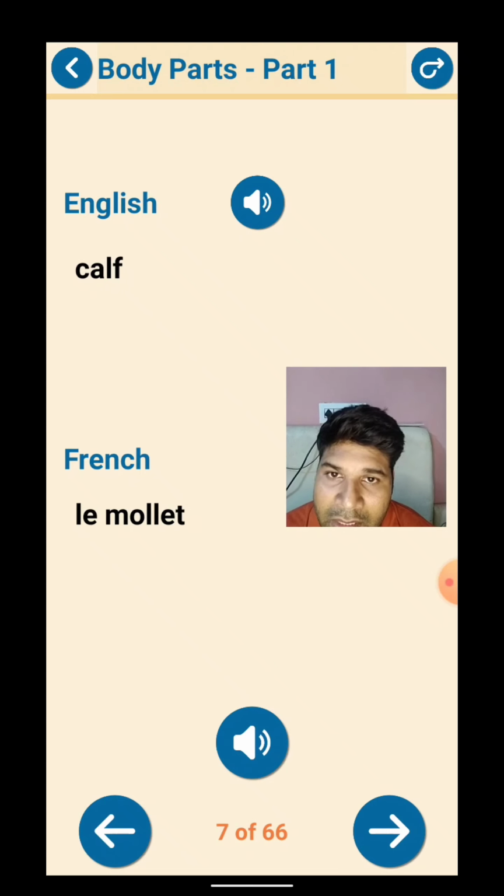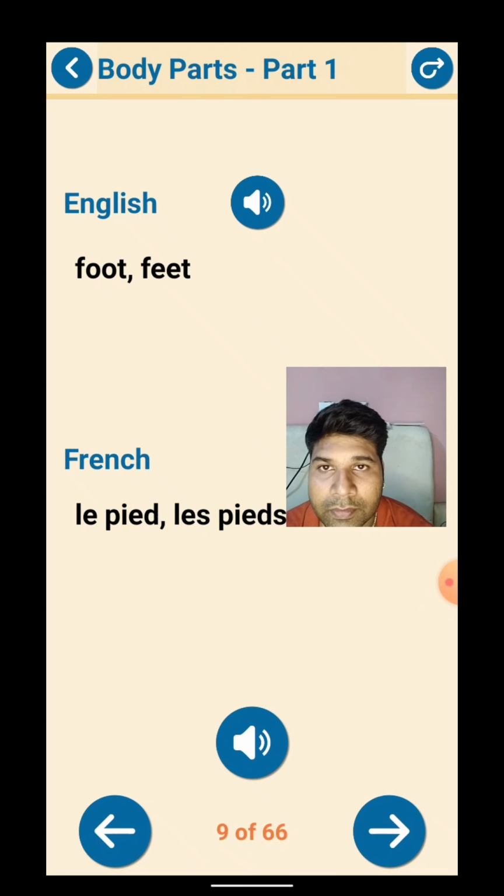Calf in English, le mollet in French. Ankle in English, la cheville in French.